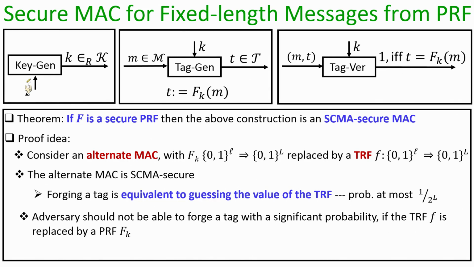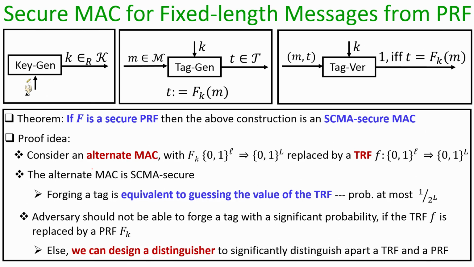Namely, if the adversary was not able to successfully forge a tag on a message on the truly random function based MAC because it was interacting with a truly random function, the same should hold even if the sender and receiver are using a message authentication code where instead of a truly random function a keyed pseudo random function is used.